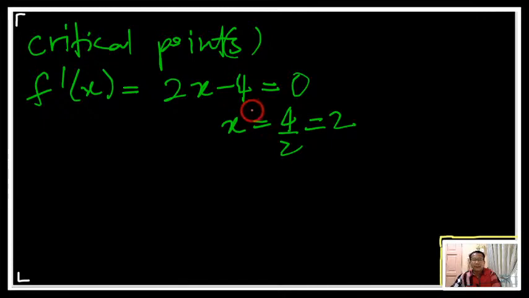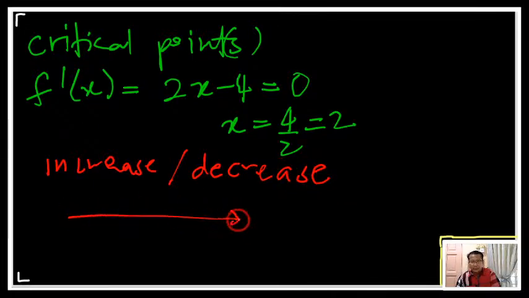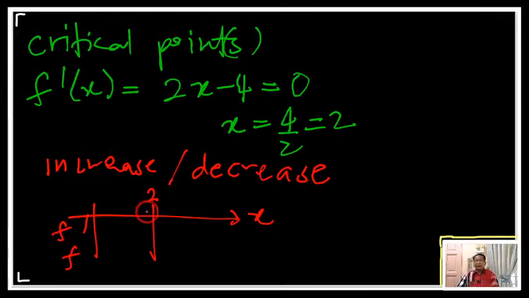Okay. So, increasing or decreasing? For x, you have 2. So you have f prime and then f. Less than 2, for example 0, substitute into here, you have negative.